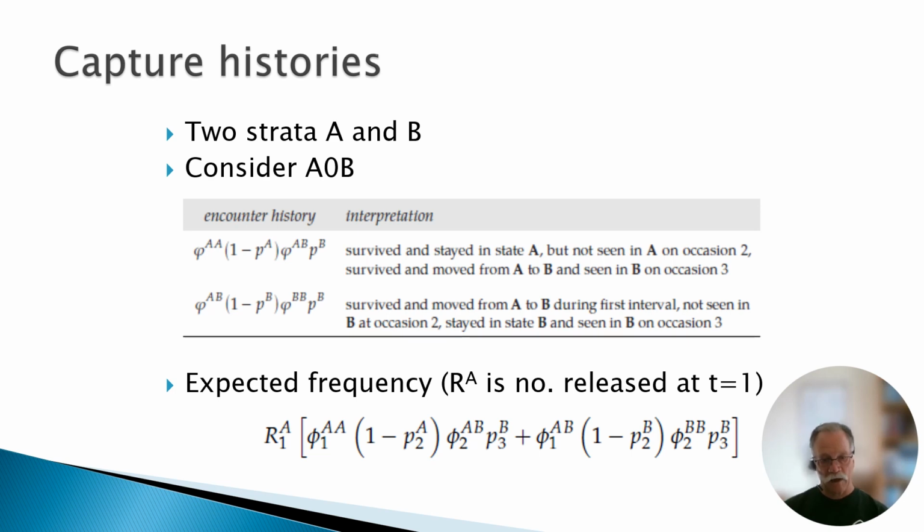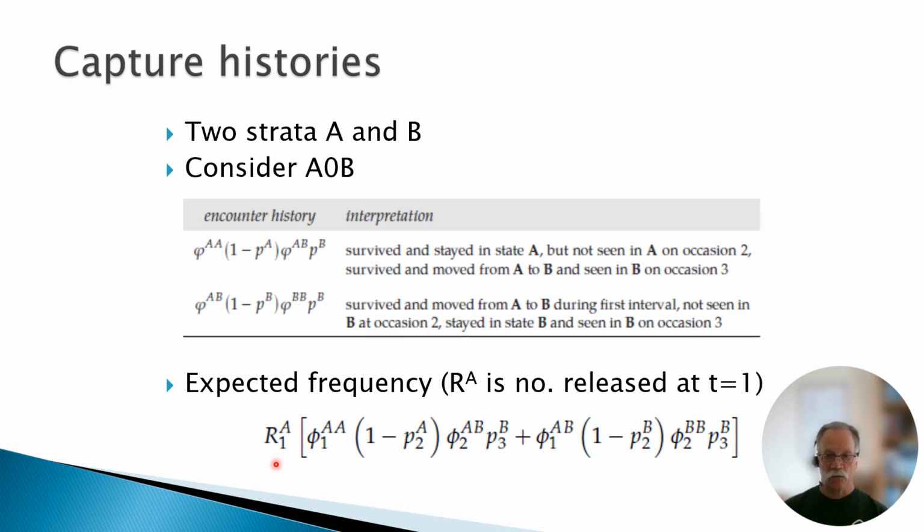And we can do like we've done before, where we can combine these to come up with an expected frequency that we would expect this capture history to occur in our data set, where we could take RA sub 1.